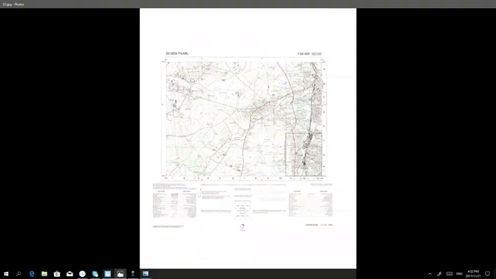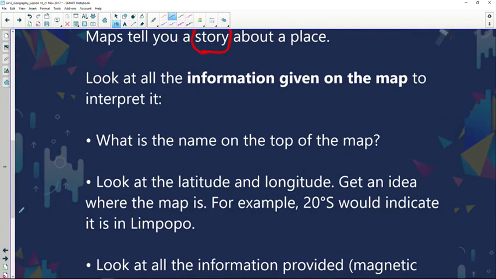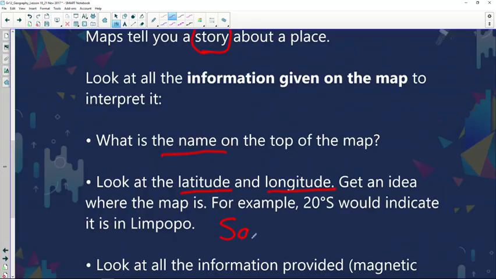If we look at the second piece of information that we can gain from the map, the latitude and longitude shows you that it's situated in South Africa. Now keep in mind, you will only receive a map that's based in South Africa. And when we look at the latitudinal and longitudinal position, it will always be south of the equator.